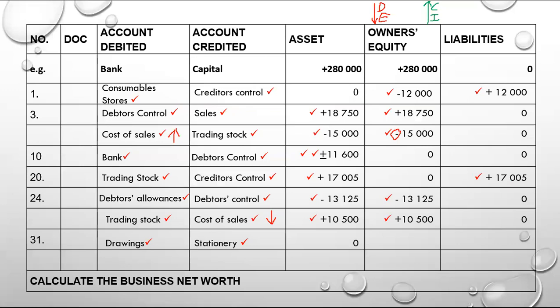So a reduction of an expense increases owner's equity. That is why under owner's equity, we will have plus minus 4,900, and then we'll have 0 under owner's equity. Then you can just add everything up. Net worth is always equal to owner's equity, which will be that 269,125. Alrighty, guys. That is question 1, and it is out of 32.